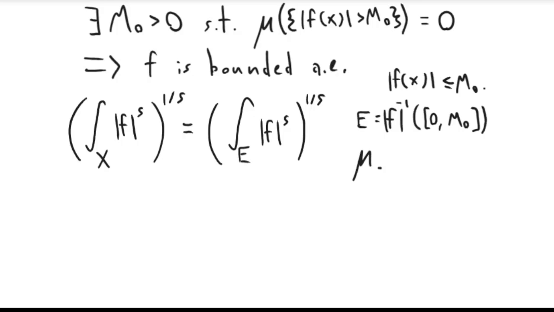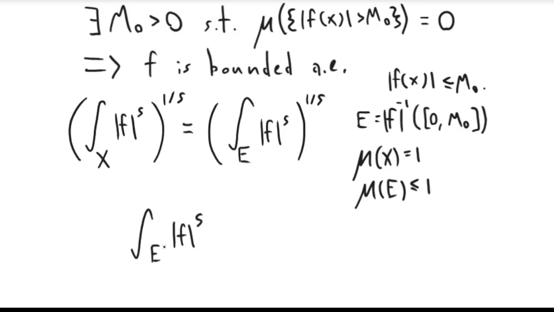Because the measure of X is equal to 1, so the measure of E is less than or equal to 1. And so the integral of absolute f to the s over E would be no more than, again, f is bounded by M naught, so this is no more than M naught to the s, which is finite.